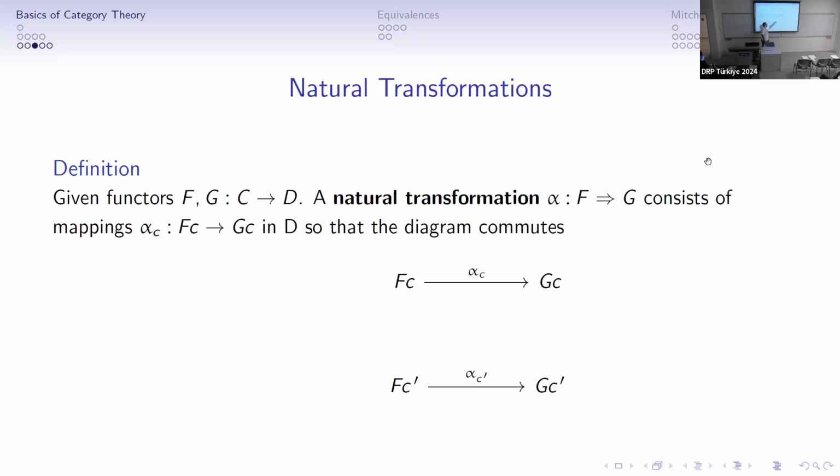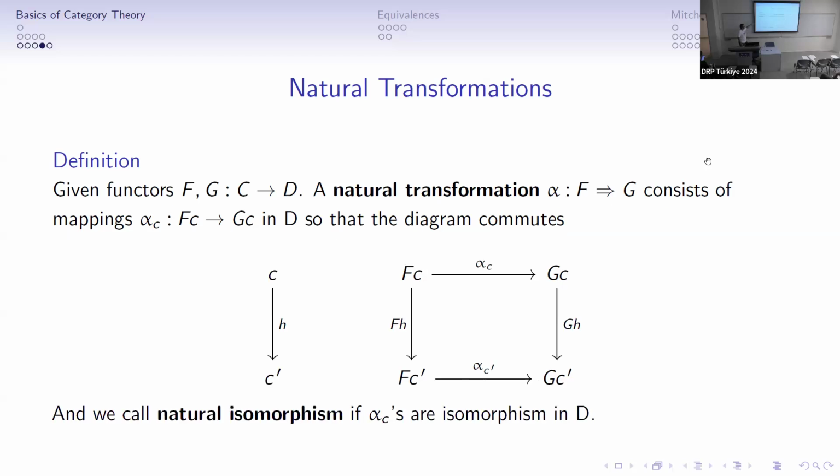It takes FC and gives you GC. And when we consider a morphism in category C, this diagram needs to be commutative. What we mean by commutative is that this composite and this composite must be equal. So this is the formal definition. We are not going to use this part, but yes.